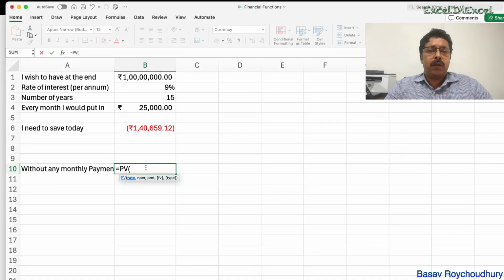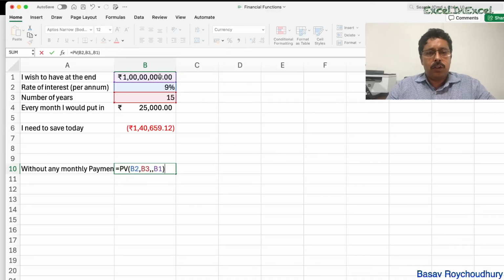In that case, the rate is 9% here. Since there is no monthly payment, I will not convert it into monthly. NPER is 15 years. There is no periodic payment, so likewise before, an extra comma, and the future value is that 1 crore that I want to get back.